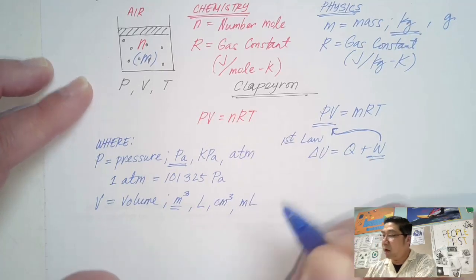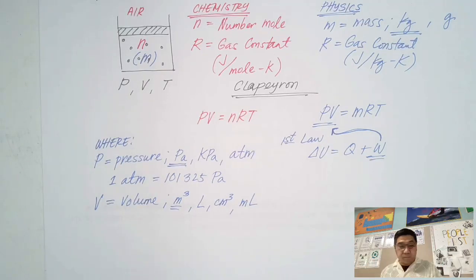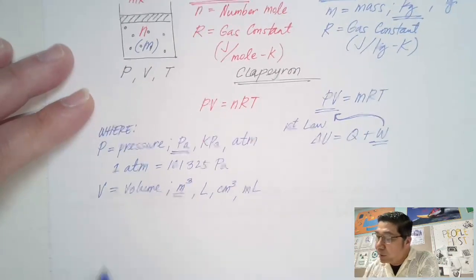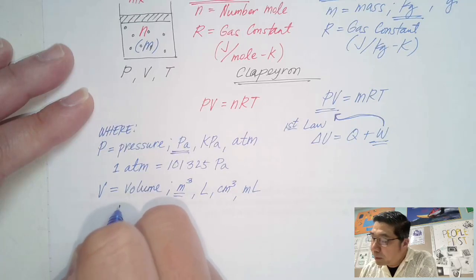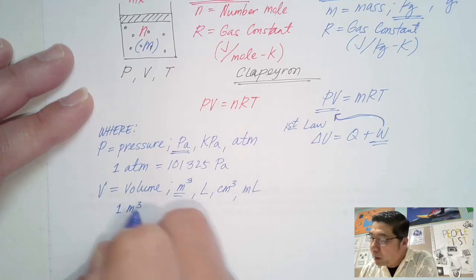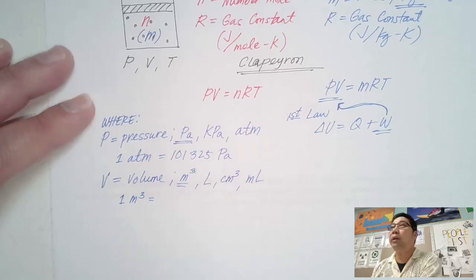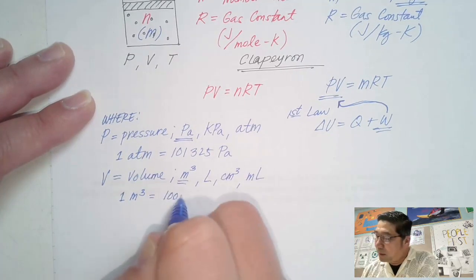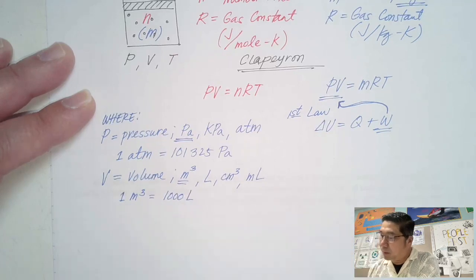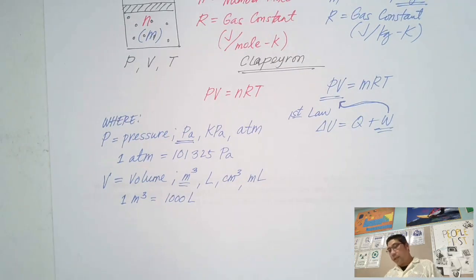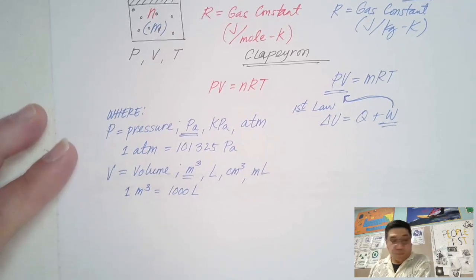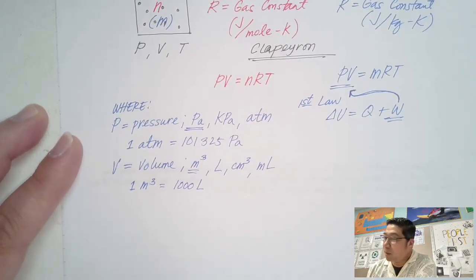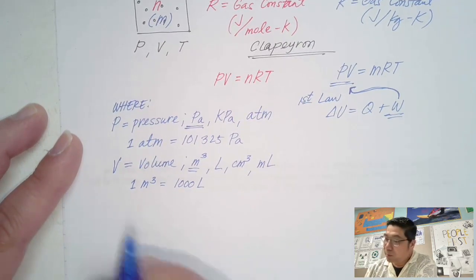So those are other units that we need. 1 cubic meter is equivalent to how many liters? 1,000 liters. So 1,000 liters to 1 cubic meter.